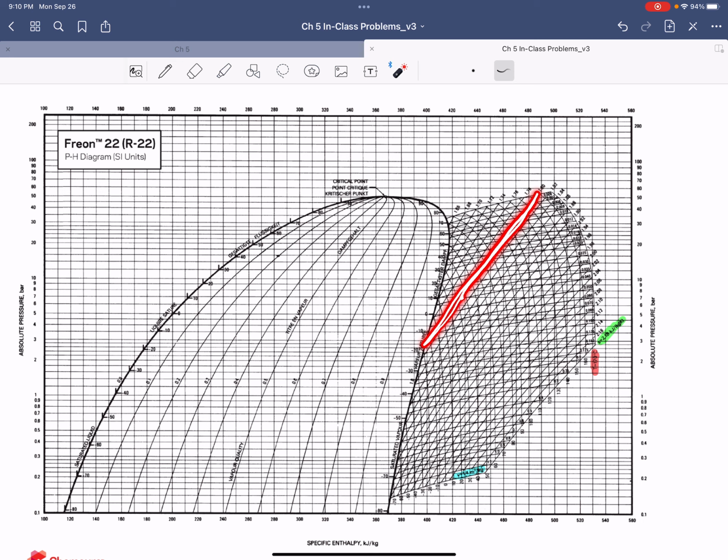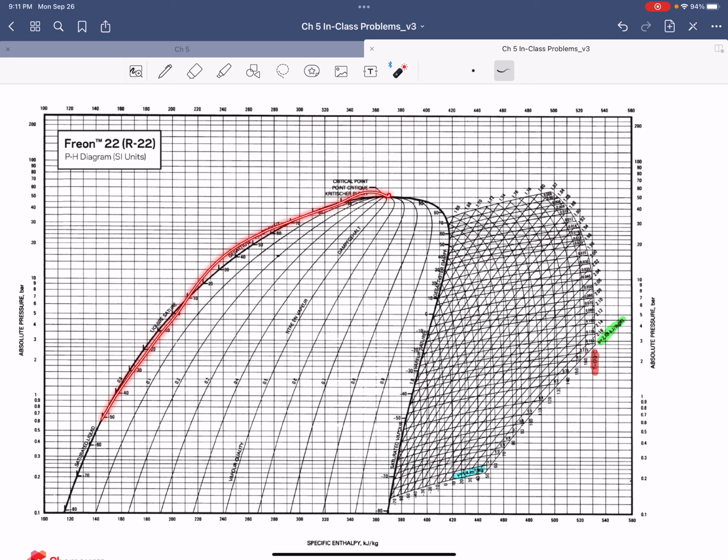So in this case, they intersected here, and that sits on the entropy line of 1.80 kilojoules per kilogram Kelvin, right? And so by knowing those two things, that allowed us to get entropy, right? And so, once again, if you just know two different thermodynamic properties, that will allow you to figure out any other property on this chart, okay? And so that's what all the lines on this right-hand side mean.